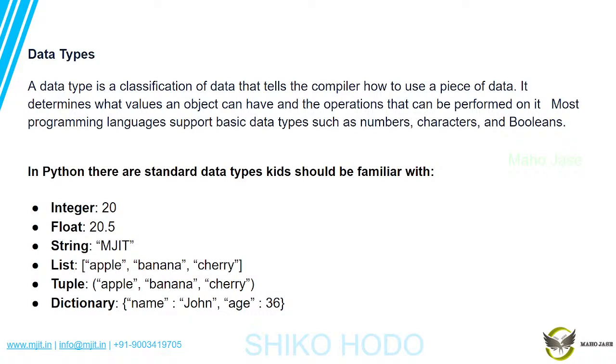So the first one: a data type is a classification of data that tells your computer how to use a piece of data, and it determines what values an object can have and what operations. So what are the operations we can do? We can do those operations there. And most programming languages support basic data types such as numbers, characters, and booleans.